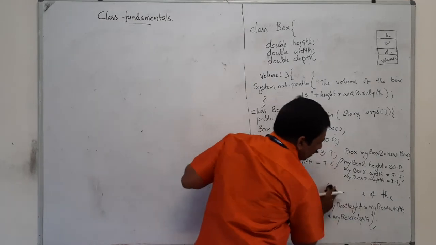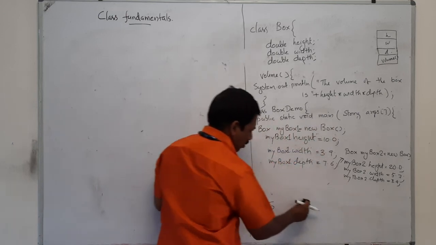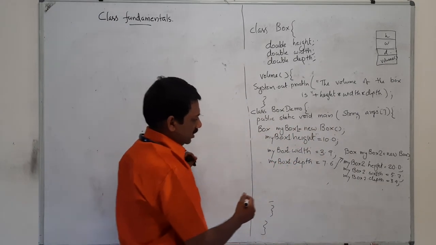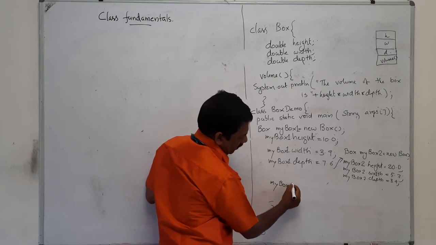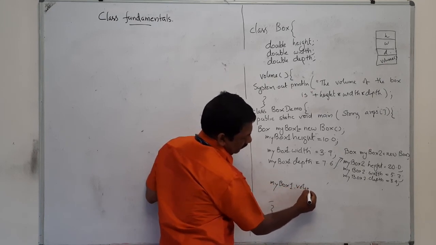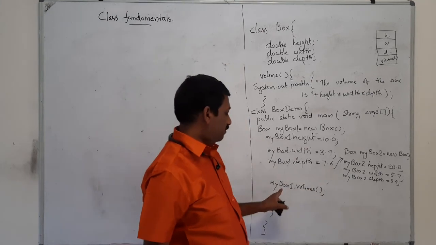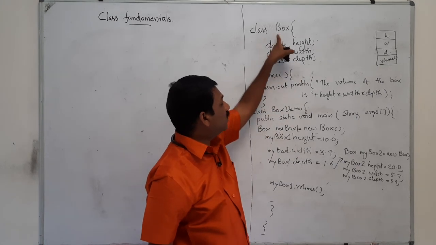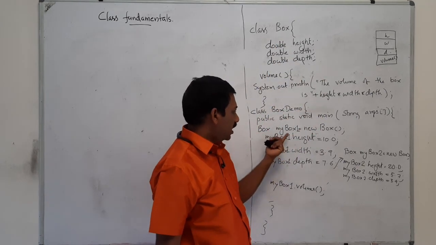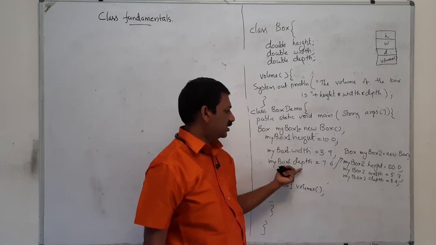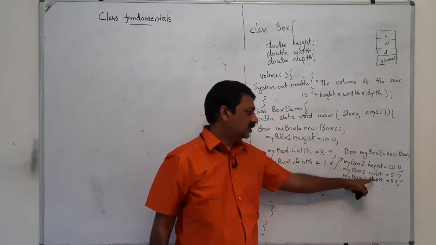And here, for printing the volume of these two boxes, I am just calling my box 1 dot volume. When the volume method of my box 1 is called, my box 1 is an object having height, width and depth. My box 2 also has some other height, width and depth.